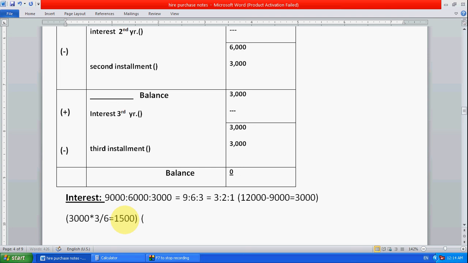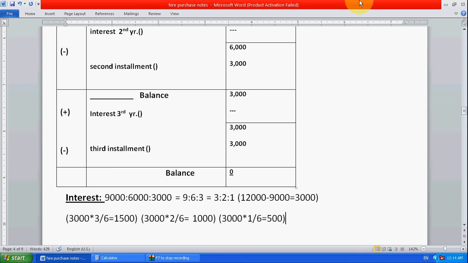Now for the second, 3,000 into 2 divided by 6, you will get 1,000. Now 3,000 into 1 divided by 6, you will get 500.